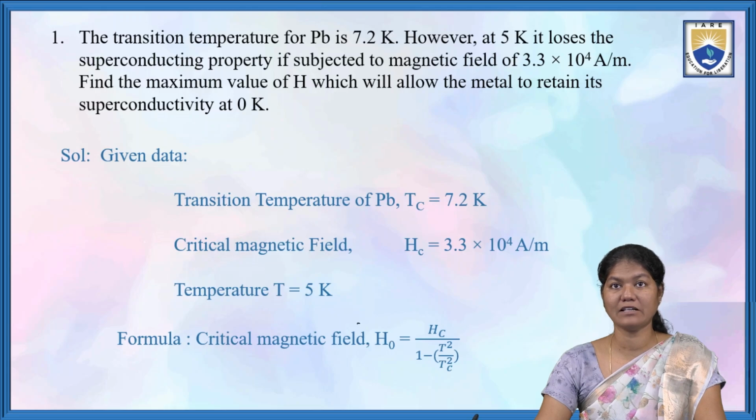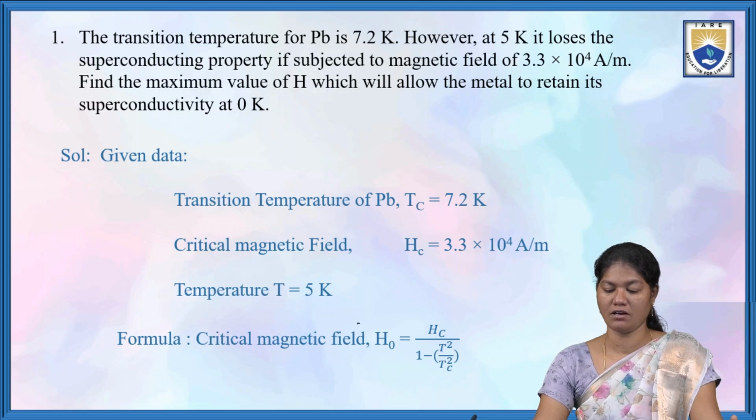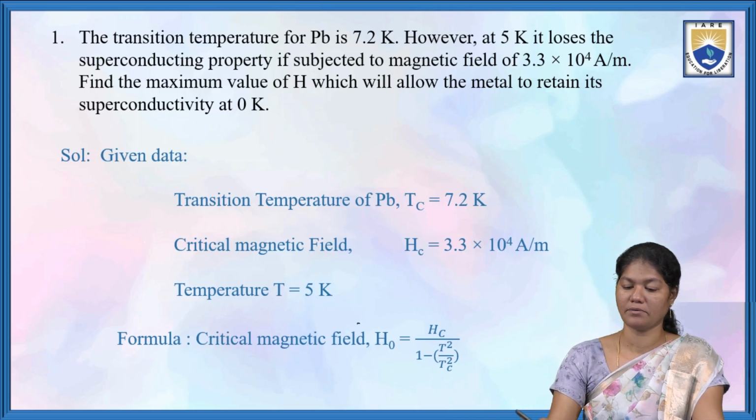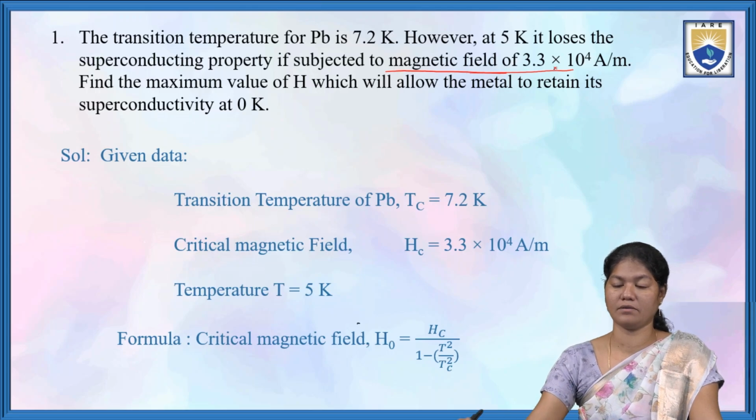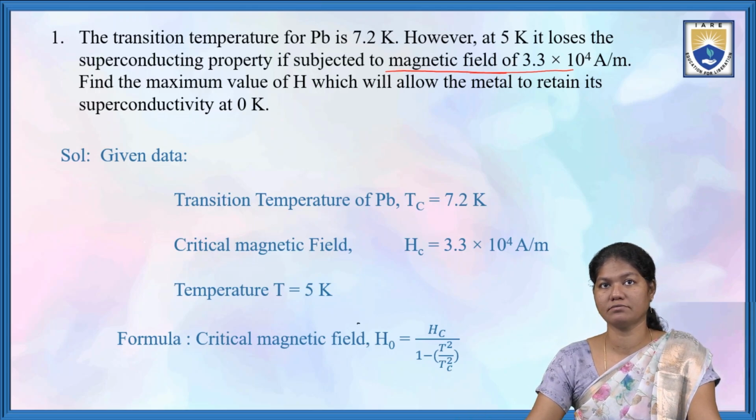Whereas the critical magnetic field: when this lead is subjected to a magnetic field, it loses its superconducting property at 5 degree Kelvin.